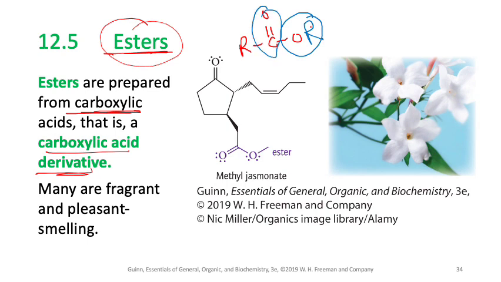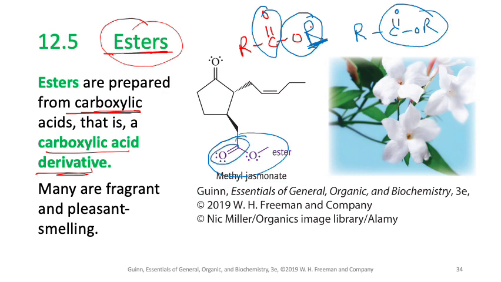And what's the difference between a carboxylic acid and an ester? It's just the difference of H and R. If you put an H, then it becomes a carboxylic acid. If you remove the H and replace it with an R, any carbon-containing group, then it becomes an ester. So an ester is R, C double bond O, OR. This is your ester group. So make sure you know the difference, right?